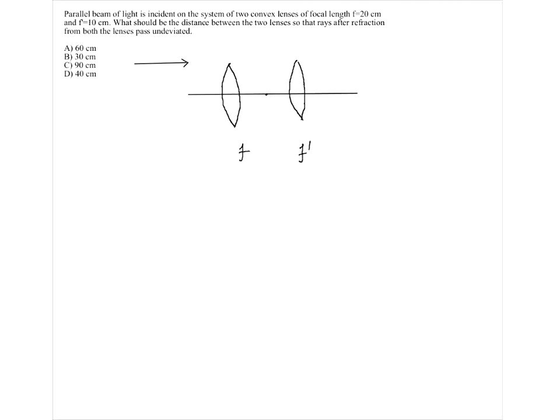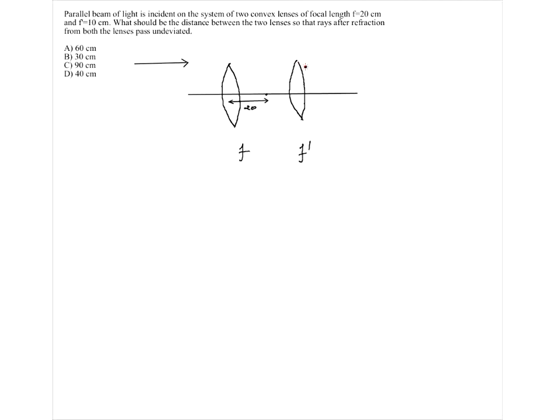Now, parallel rays will go to the focus. So that would be 20. Now if we want no deviation finally, then rays should become parallel again. And for rays to become parallel, this point must be the focus of this lens.